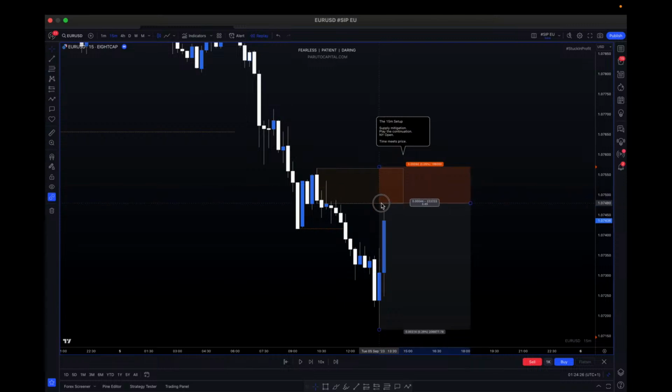But you can see with this we get 1:2, 1:3, and then if you're looking for this, you get 1:7. But you have to know that if you enter on the 15 minutes at the 50% mark of the supply zone, most of the time price may not pull all the way back, but that gives you some sort of buffer.